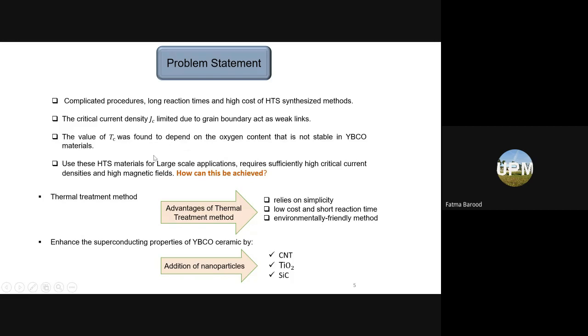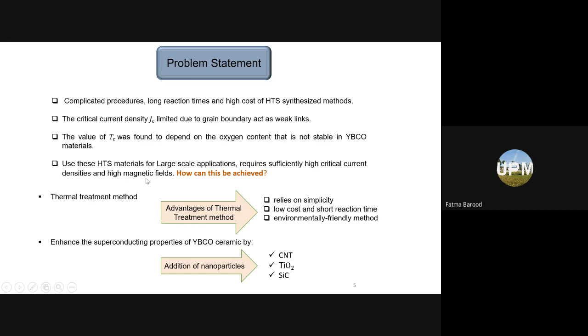However, JC or critical current density greatly depends on the microstructure property of high temperature superconductors due to the highly anisotropic layers in their structure. So, in the presence of an applied magnetic field, the dynamics of vortices is the major cause of energy loss, and hence this leads to reduction in JC.